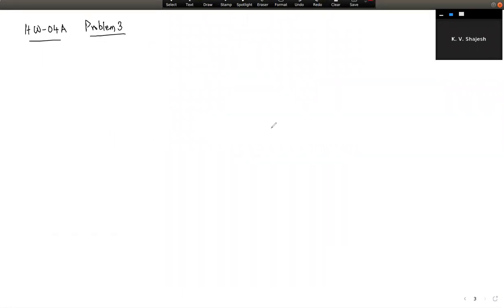This is problem 3 in homework 4A. Again, it's a projectile motion, but this time it is a half of a projectile motion. So what it talks about is we have a floor. Let's say that represents the floor, and this is a table.